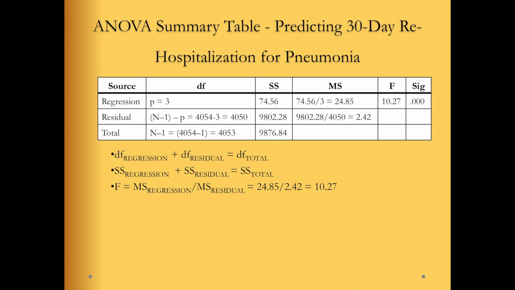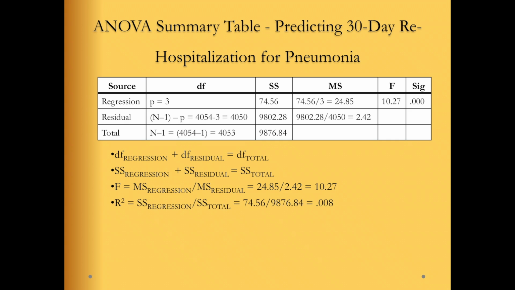If we look at the intersection of 3 degrees of freedom in the numerator with 1000 degrees of freedom in the denominator, we find the critical F value equal to 2.61, which is clearly exceeded by the test statistic of F equal 10.27.